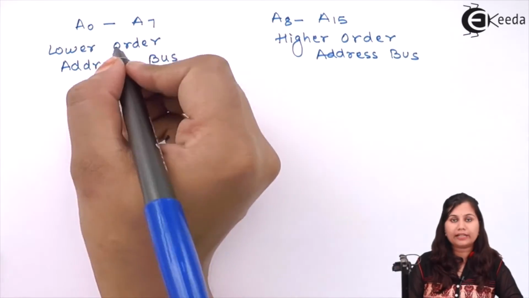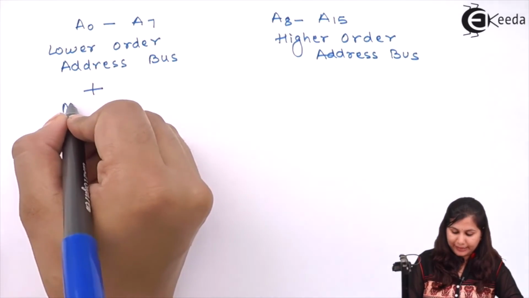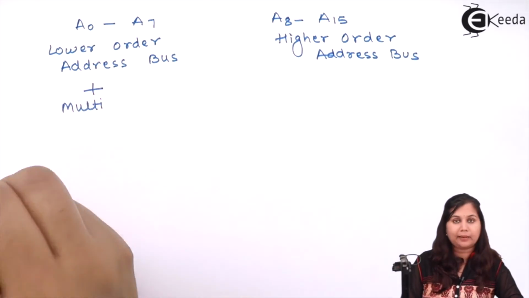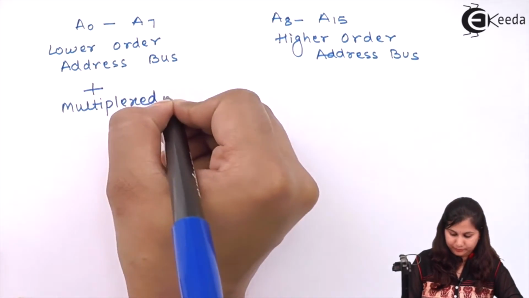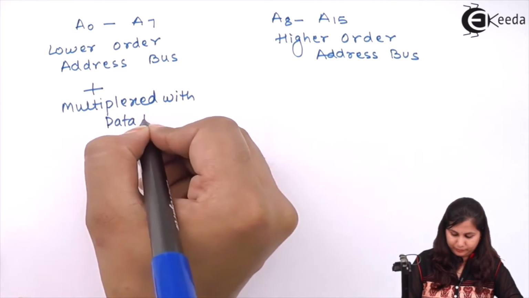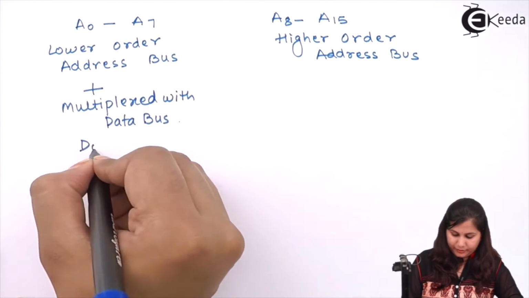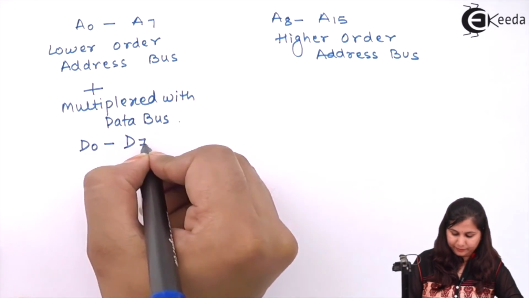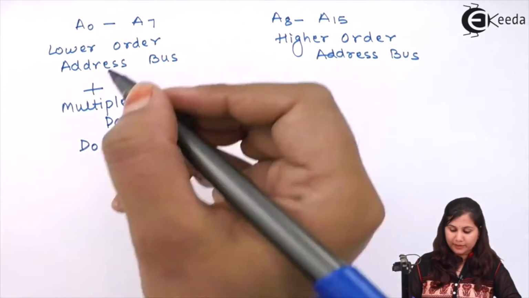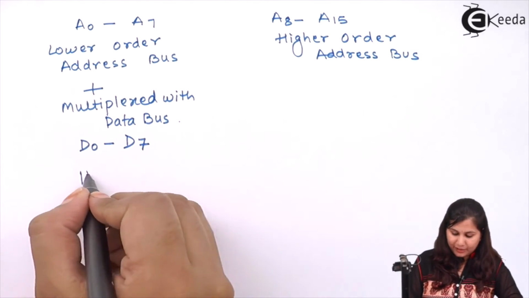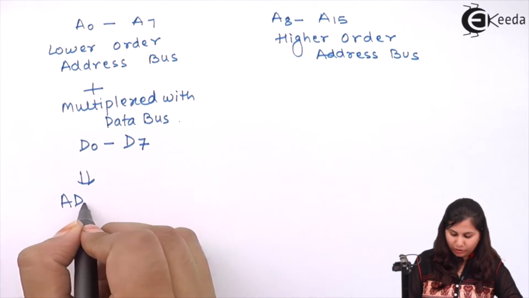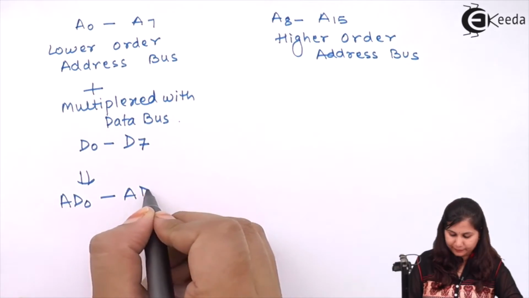This lower order address bus is multiplexed with the data bus D0 to D7. This is the data bus.